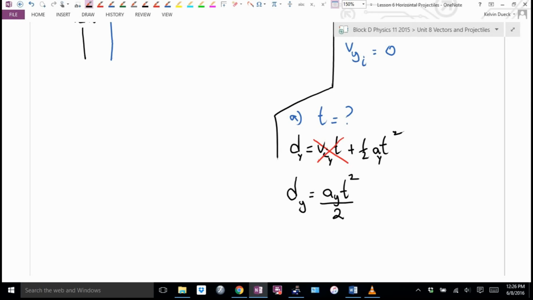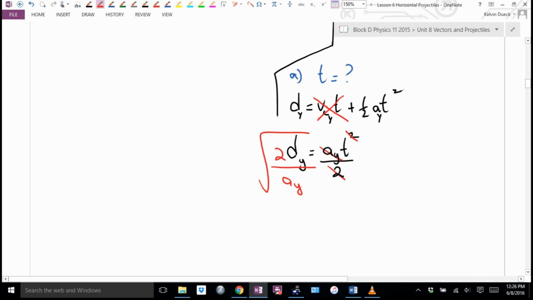How would I get the t by itself? 2d over a. Nope. Square root. What? Square root. Is that okay? So, t is going to be the square root of 2 times negative, what was the displacement? 92.